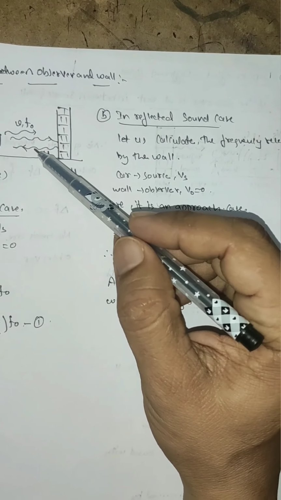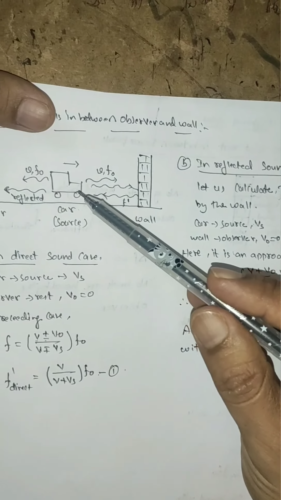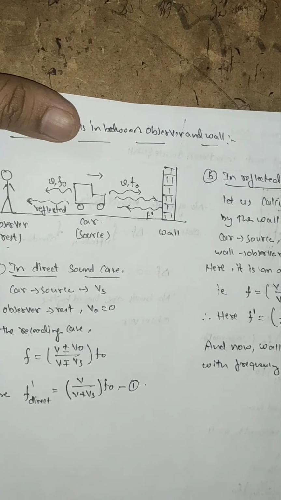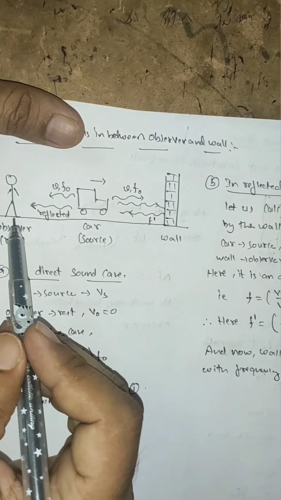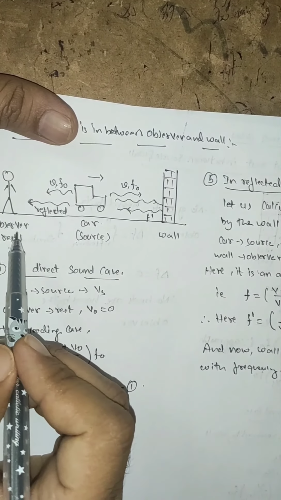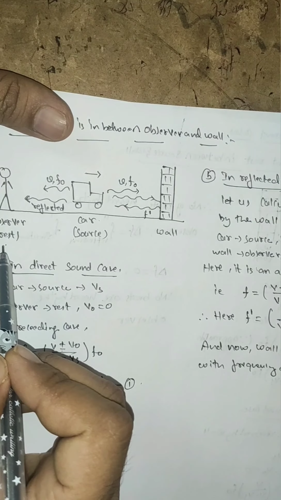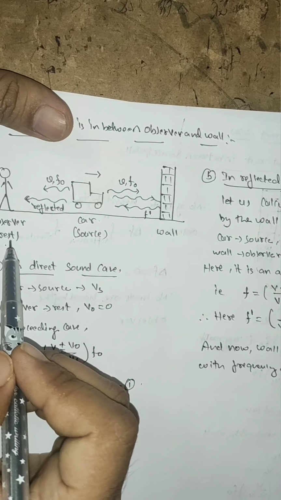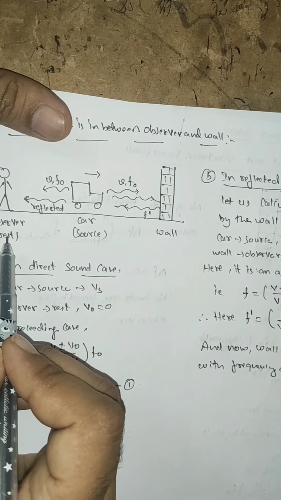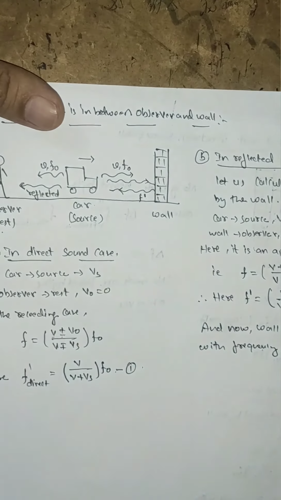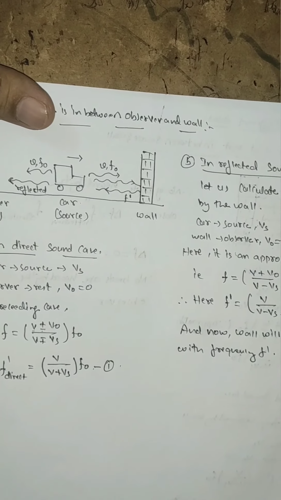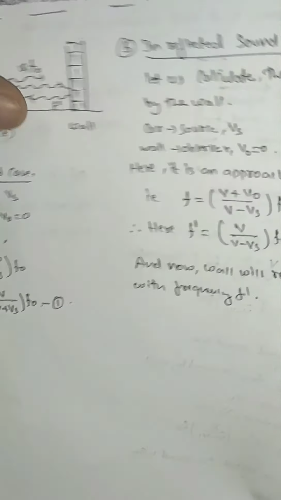This is the sound which is traveling towards the observer. And now let us find out the apparent frequency received by the observer after reflection. Is it clear? Okay.